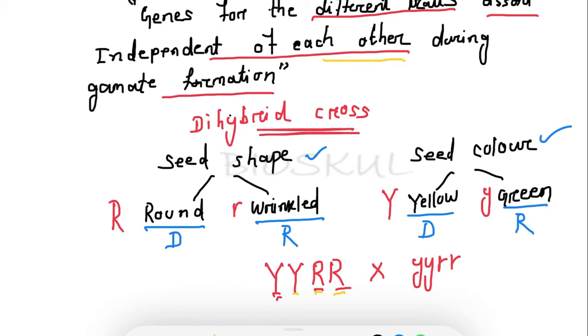There is no specific pattern that this Y will come with this R and that one with the other R. They assort independently during gamete formation. This is the law of independent assortment.